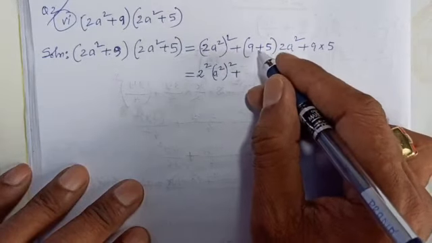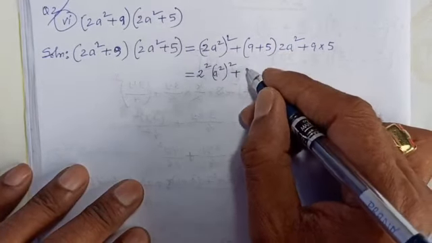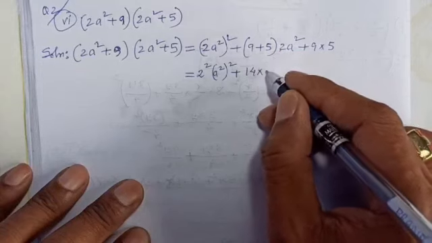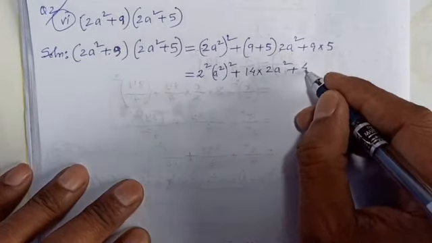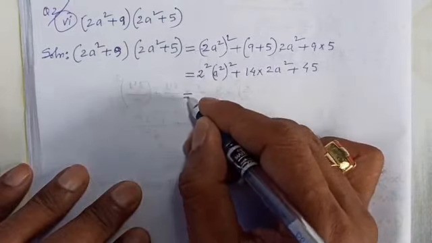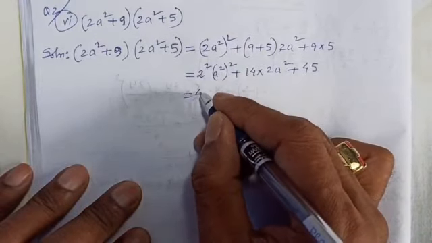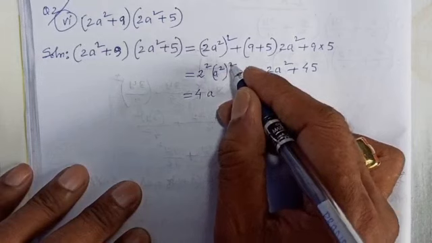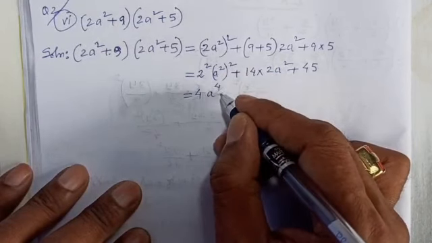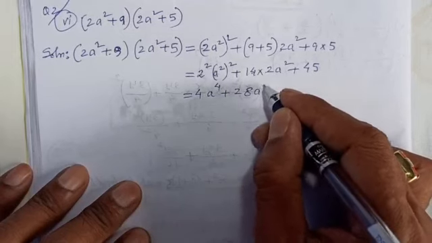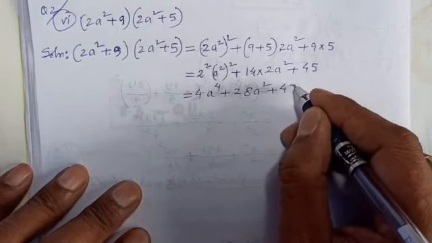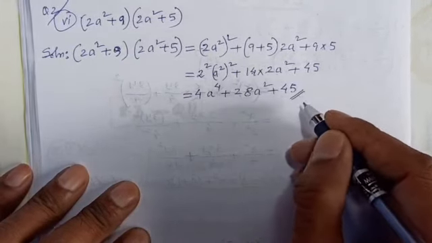Then 9 plus 5 is 14 into this 2a square plus 9, 5 times is 45. Then next, 2 square is 2 into 2, that is 4. a power 4 plus 14 into 2 is 28, a square plus 45, and this is the answer.